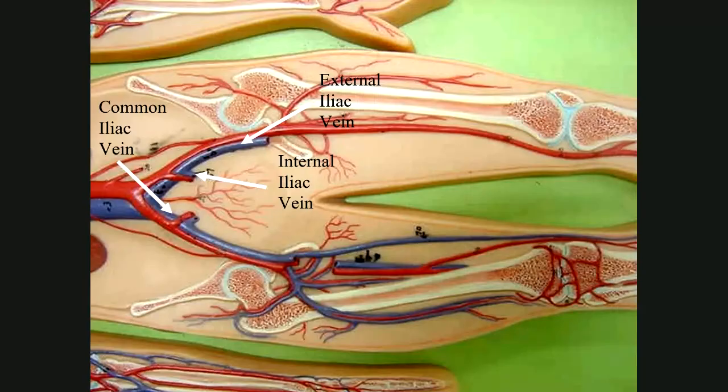And then if we look down in the legs, remember the blood's going this way. So we had an external and internal artery, a common iliac artery. We have the exact same thing with veins. So here's the external iliac vein, internal iliac vein, common iliac vein.